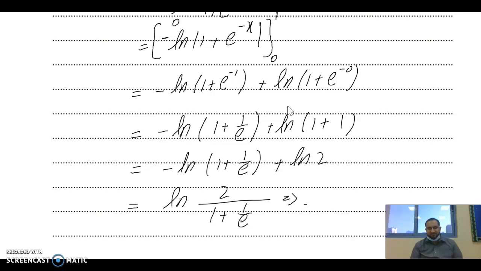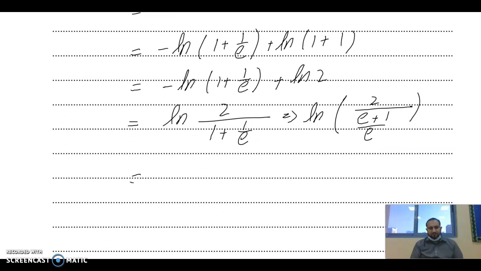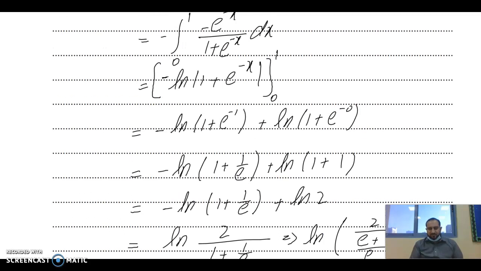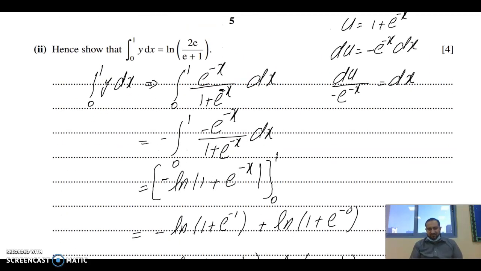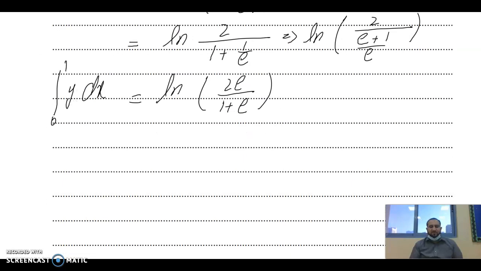Here, if we further simplify this, this will be 2 over (e plus 1) over e, and then the third fraction will go to the first fraction, so this will be ln of 2e over 1 plus e. And you can look back, we had to prove ln of 2e over e plus 1, so we have proved this.